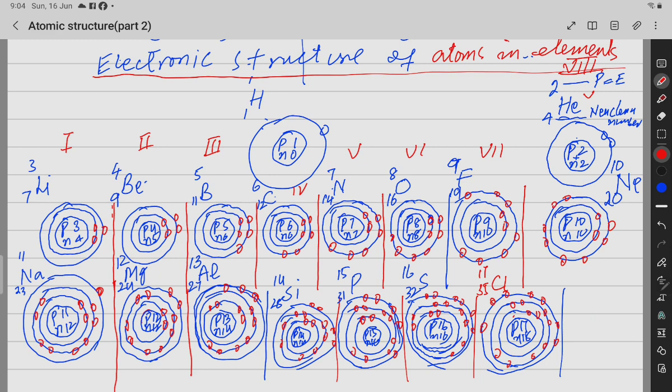And group 8 has argon. This is argon. And this is 40 and 18. Proton 18 and neutron 22.